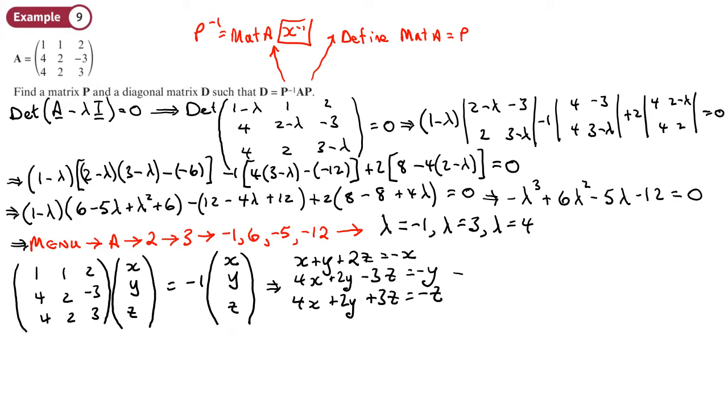So if we rearrange them to make them equal to 0, so adding x to both sides, we'll have 2x plus y plus 2z equals 0. Second equation, add y to both sides, we'll have 4x plus 3y minus 3z equals 0. And then the bottom equation, add z to both sides, we'll have 4x plus 2y plus 4z equals 0.